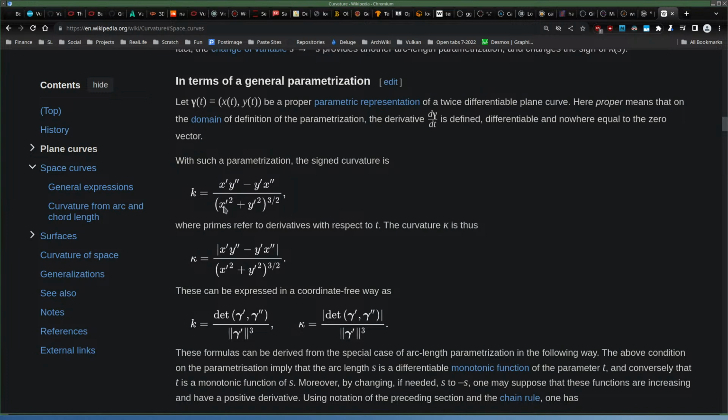But I'm dividing that by the square of... I don't have this to the power 3 divided by 2.